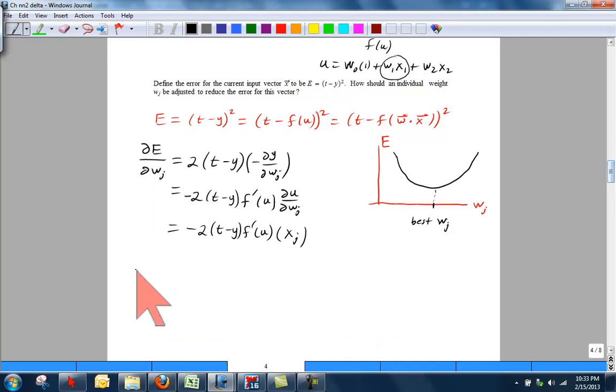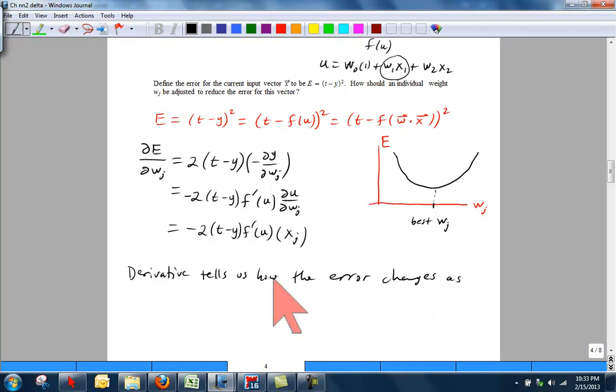So let's write down what a derivative tells us. A derivative tells us how the error changes as w_j increases. So change in y over change in x. As w increases by a certain amount, E will change by this amount.